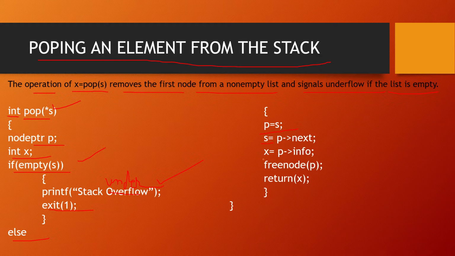Then we take out the info part of p and copied its value into x, and then we call the free node function that adds the deleted node p back to the available list, and return the information that we have deleted back to the calling program. So this is how we can pop an element from the stack.